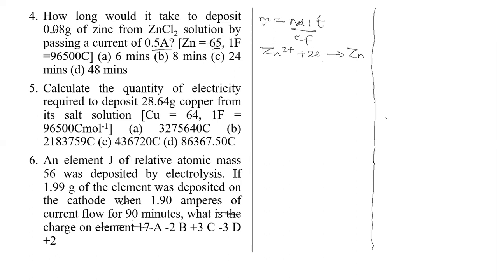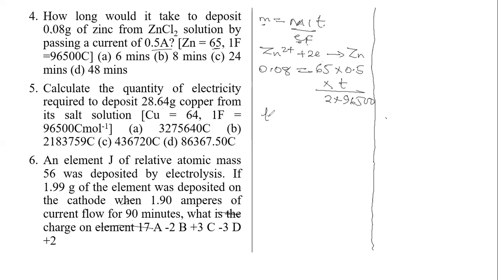So M is the mass deposited, so we have 0.08 equals M as 65 times I, which is 0.5, times T, which is the question, divided by E, which is 2, times 96,500 coulombs.